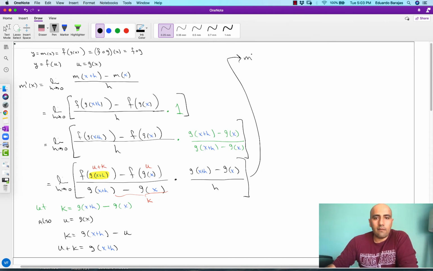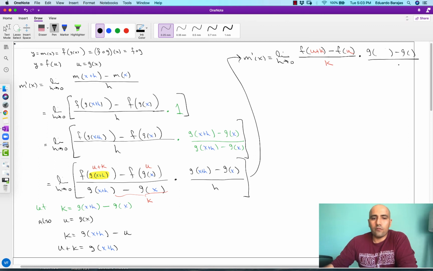We're saying that m prime of x is equal to the limit as h goes to 0 of a giant fraction, which has f of u plus k minus f of u, and then the denominator, the whole thing was replaced by k, times this other fraction, which is g of blank minus g of blank all over an h, and this one was an x plus h, and this one's an x.